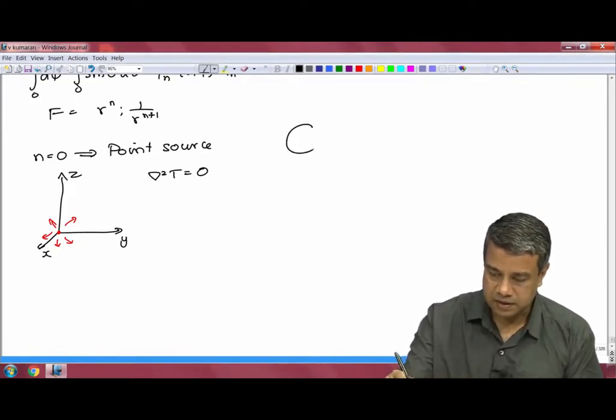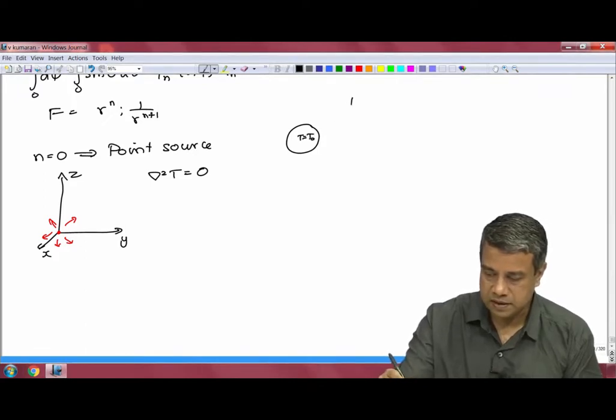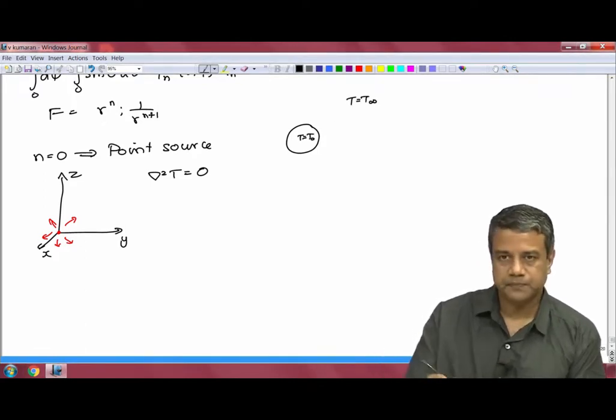We had taken a spherical particle with T equal to T naught at the surface and T equal to T infinity far away.